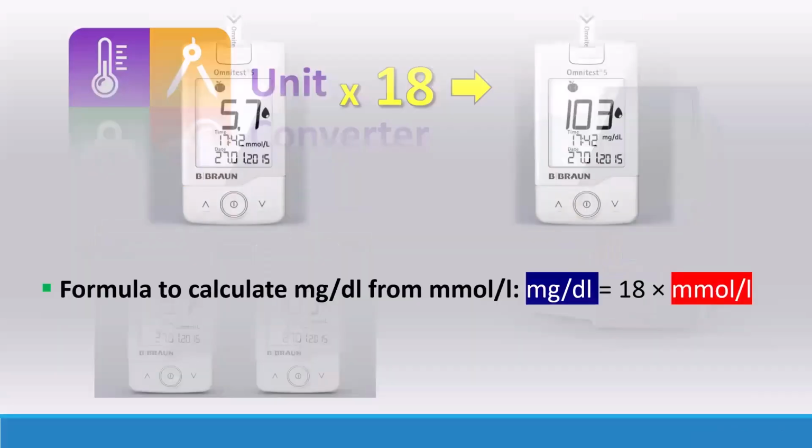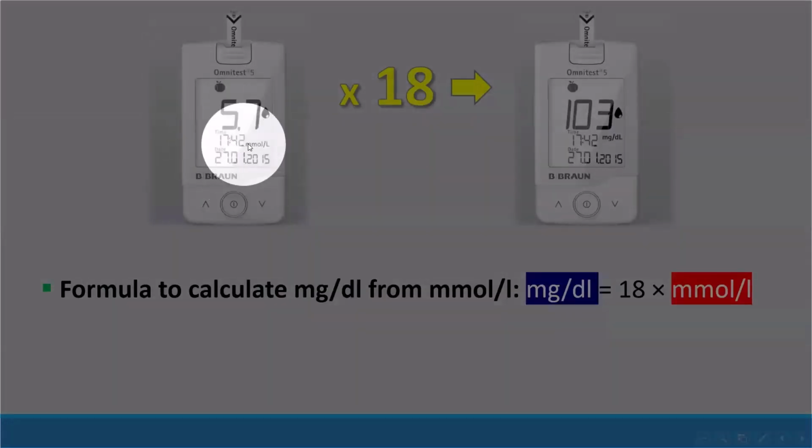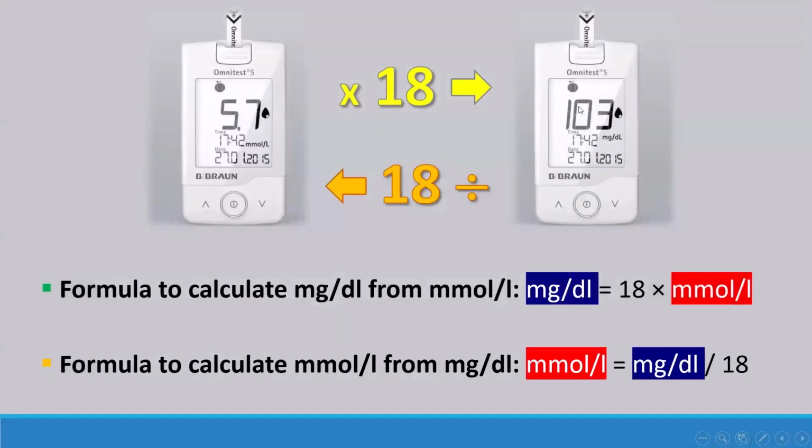How we can convert it is very easy. If we want to convert from millimole to milligram, please multiply by 18. And if you want to convert from milligram per deciliter to millimole, please divide by 18. This is a very important hint on how to convert from millimole per liter to milligram per deciliter.